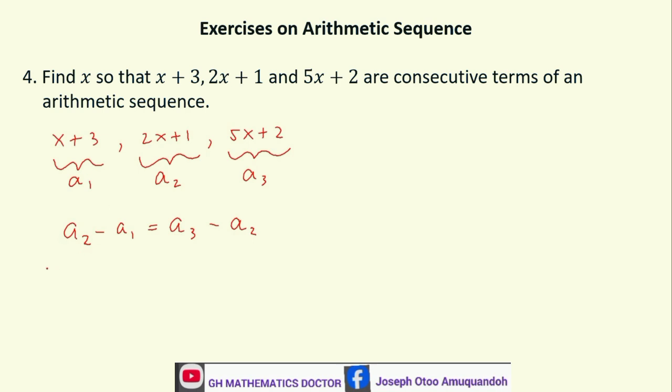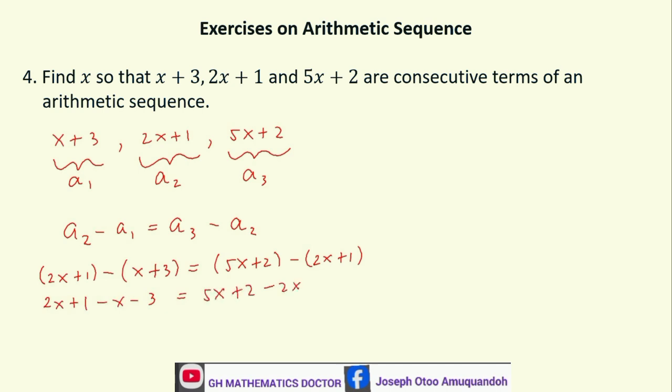Alright, so we have 2x plus 1 minus (x plus 3) equal to (5x plus 2) minus (2x plus 1). Alright, so you simplify the brackets. You have 2x plus 1 minus x minus 3 equal to 5x plus 2 minus 2x minus 1. Alright, so we need to further simplify what we have here for you to get the value for x.